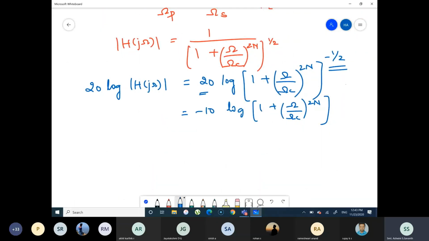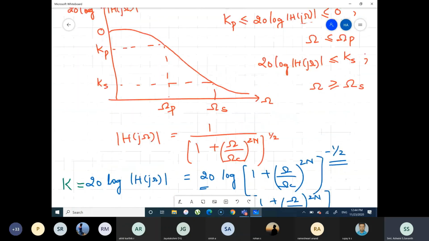Now, at omega equals omega p, that is at the passband edge frequency, what is the value of the gain? That is, what is 20 log of magnitude? If we call that in general as k, which is the decibel value. So at the passband edge frequency, just look here at the specifications.